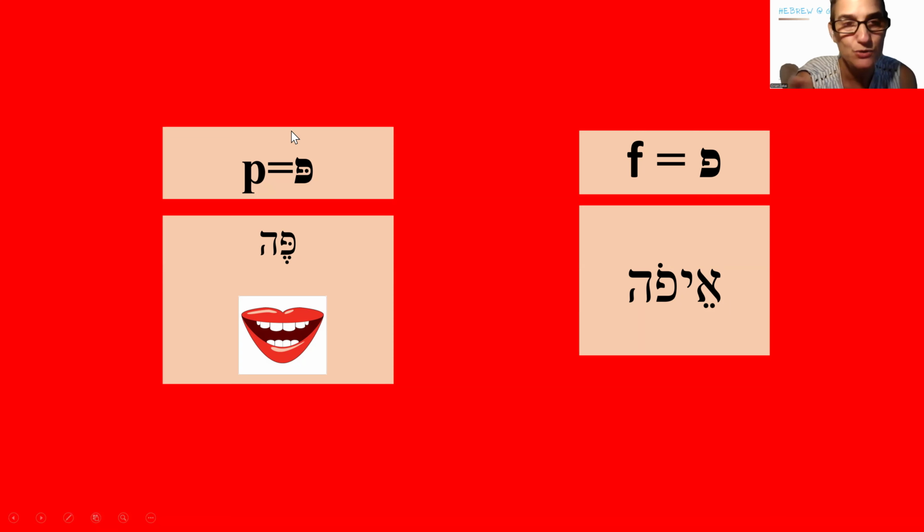So in English, 2 different letters. In Hebrew, 1 letter with or without a dot. And pe is like in the word pe, which means mouth. Okay, pe. And of course, the fe without the dot we already found in the question word איפה, where, איפה.